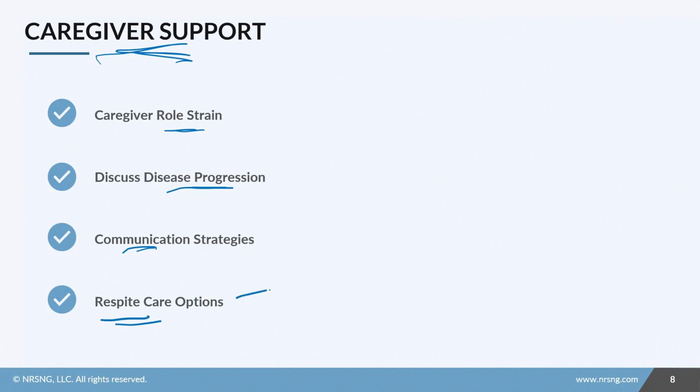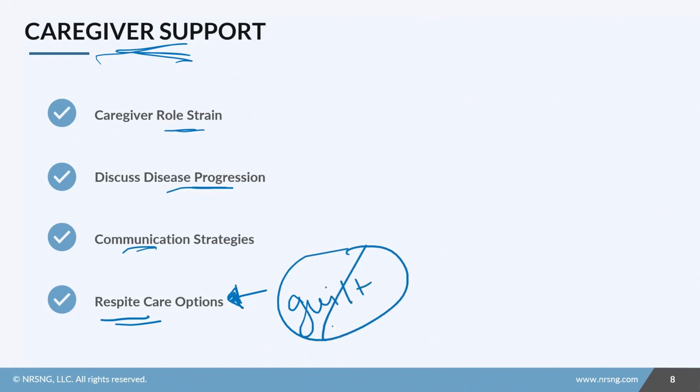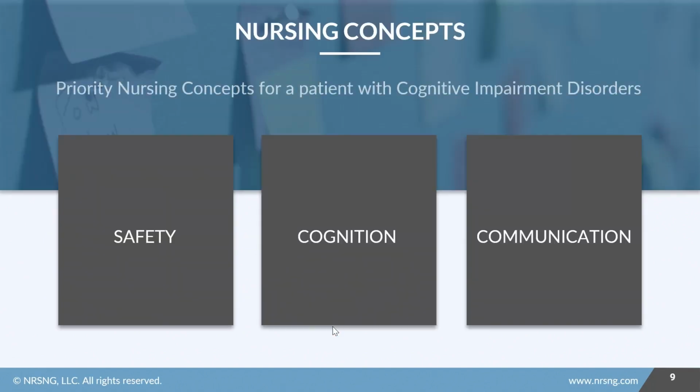This is so beneficial, and I see a lot of caregivers not using it because they feel guilty. And so you need to let them know there's nothing wrong with taking a break because they have to care for themselves as well. So priority nursing concepts, as we already talked about, are safety, aspects of cognition, and communication.